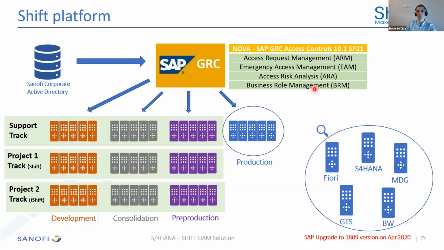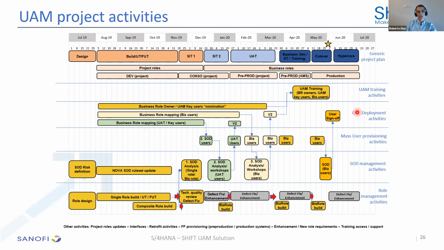So we are using the 4 modules of SAP GRC Access Control. So we are on version 10.1 and expecting to migrate soon to version 12. This is in a nutshell all the UAM project activities.